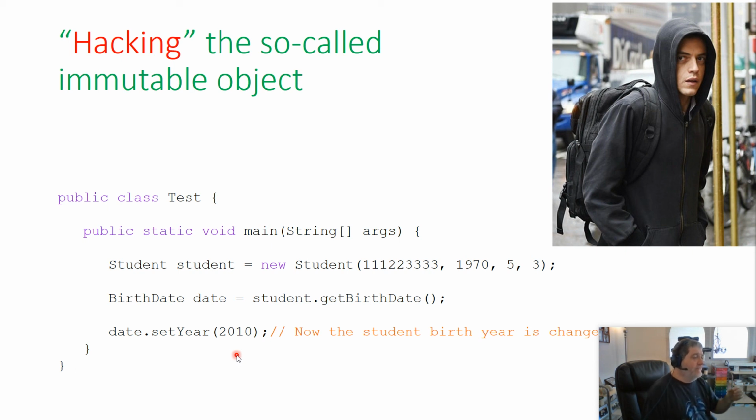And any change that I apply here is going to reflect also inside the object student. Because both the object student with its attribute birth date and my main method with its local variable date are referencing the same object. So what we learned about references, what we learned about passing parameter to method, everything is tying together.